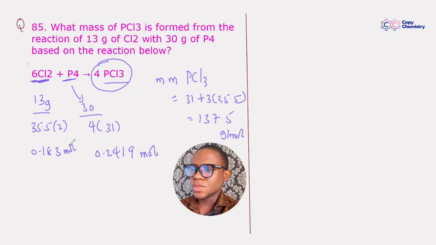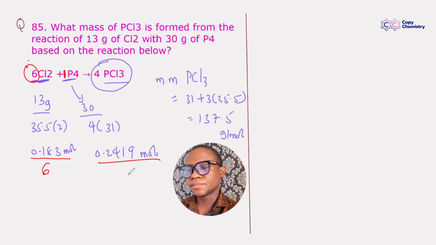Yeah. So how do we know our limiting reagent? Again, we divide this mole by this number here and divide this one by the number in front of P4, which is 1. So this will just give you 0.2419. Nothing has changed.